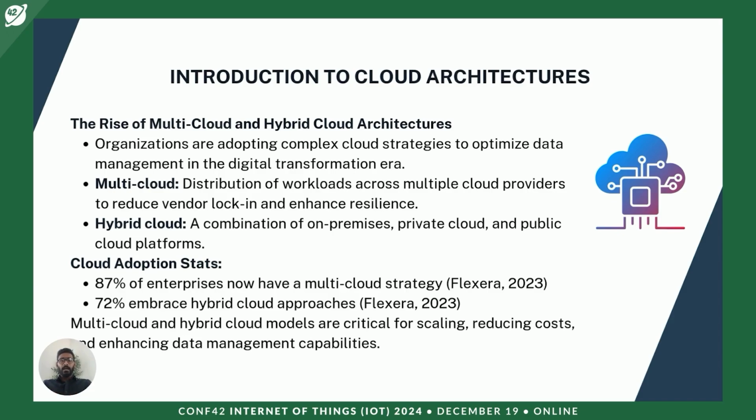On the other hand, a hybrid cloud combines on-prem infrastructure with public and private cloud resources to balance flexibility and control. Together, these models enable organizations to scale, optimize cost, and enhance data management capabilities in the digital transformation era.